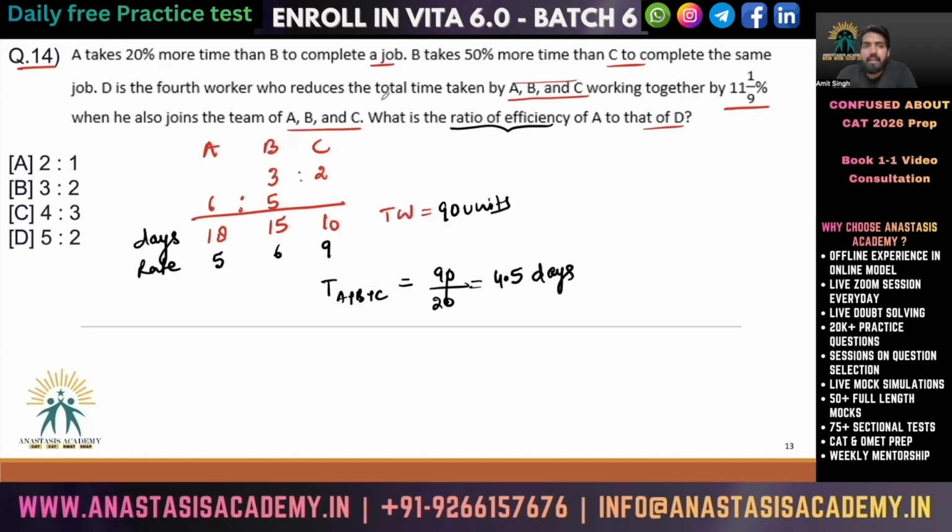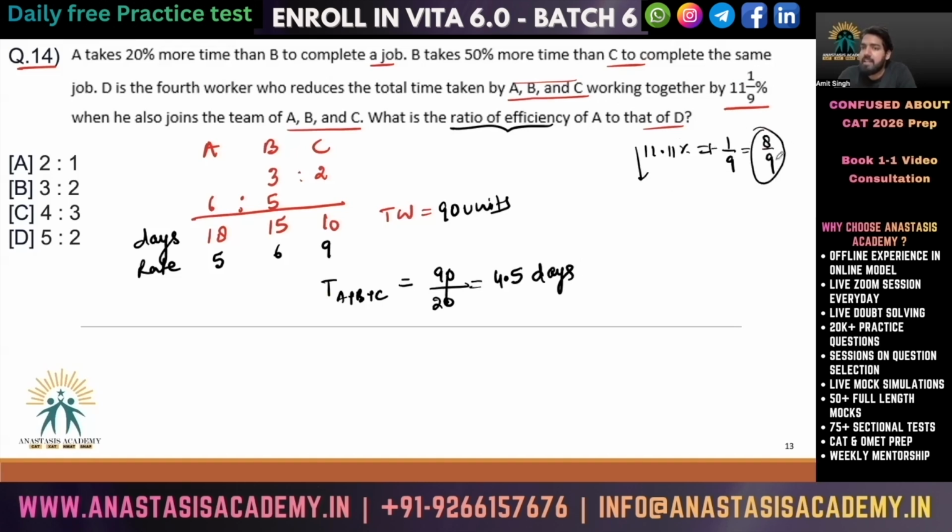Now, D joins them, who reduces the total time taken by 11 1/9%, right? So 11.11% means 1 upon 9. So it reduces the time by this. A reduction of 11.11% would be 8 by 9.